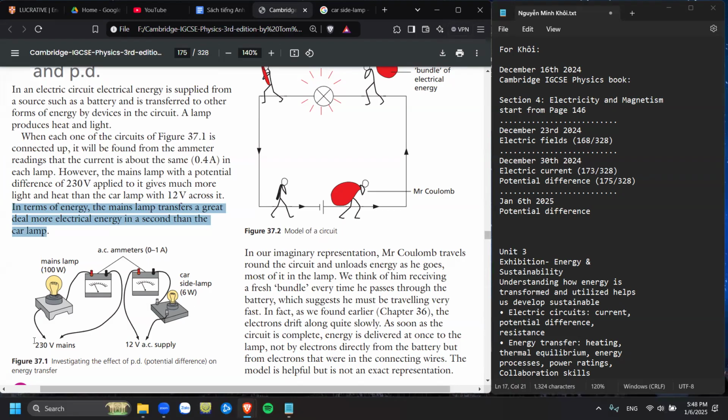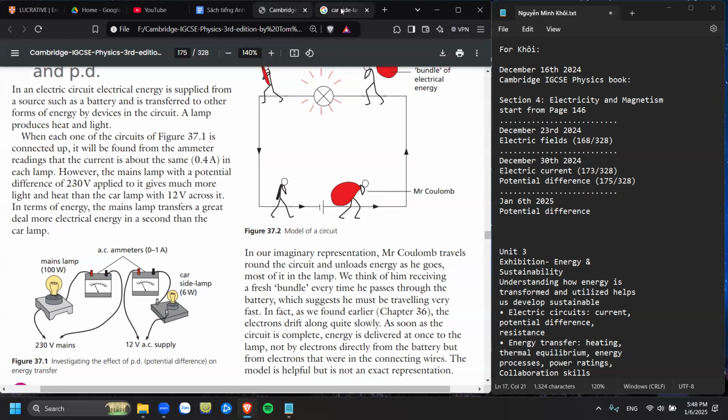Of course, because it is connected to 230-volt mains, but this one is only 12 volts. So in 1 second, this main lamp transfers a lot more electrical energy into light energy compared to only 6 watts.